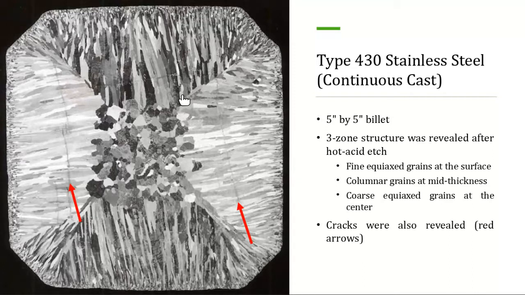Now, something else that comes out in this particular billet, the 2 red arrows I have do indicate that there are cracks in this billet. Cracks are bad, yes, if this was the final and finished product. Now, one of the things is this is a ferritic stainless steel.